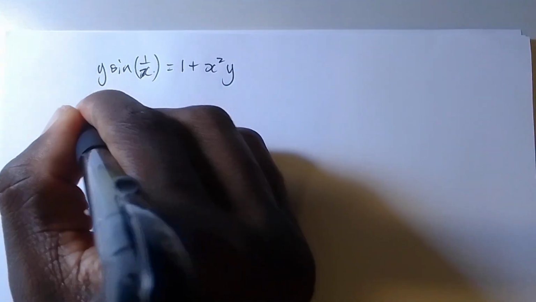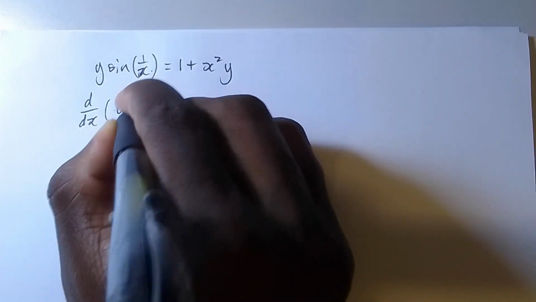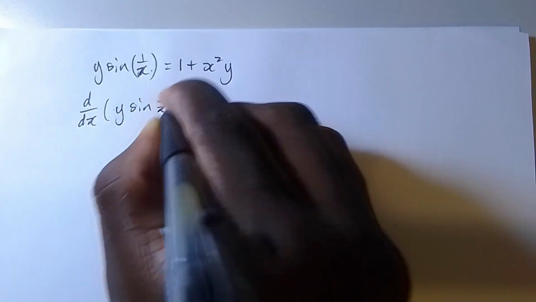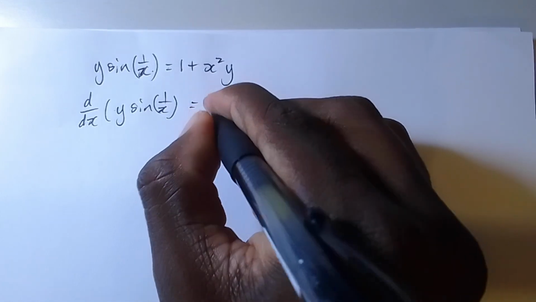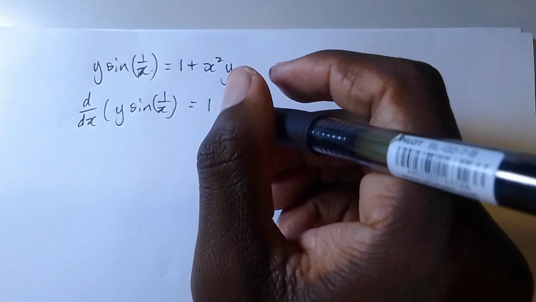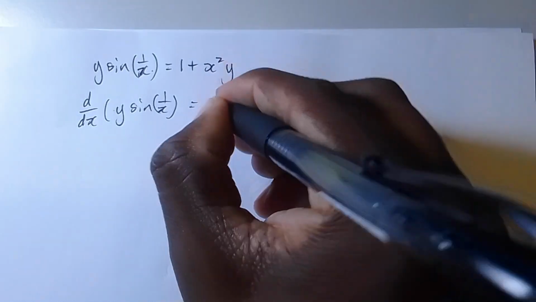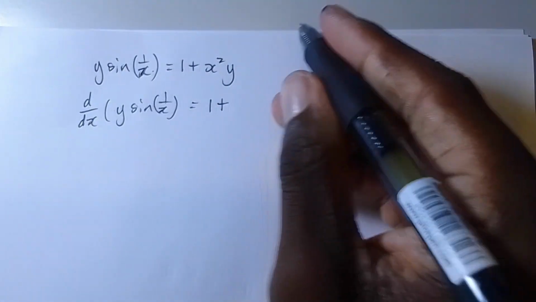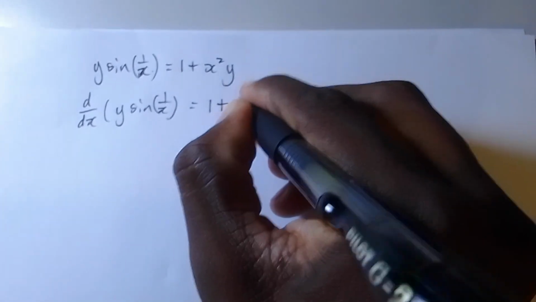For this one, once again, as always, we find dy on dx of both sides. Actually, here you can make one y the subject, but we are still going to use implicit differentiation.